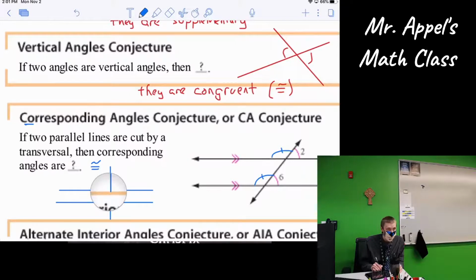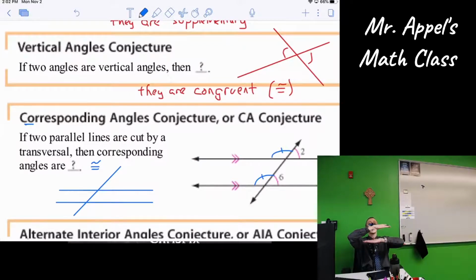If I make them perpendicular, right, 90, the other is 90, every time. They're always going to be congruent. That's pretty neat, right? You lock that in, make sure these lines are parallel, and then these angles are automatically matching. Very handy.